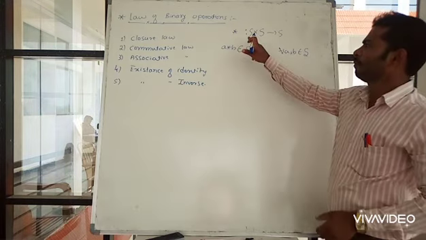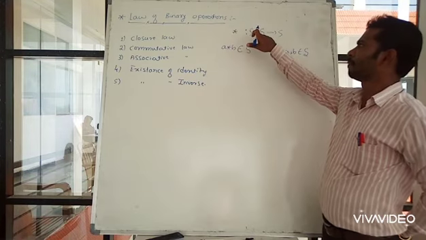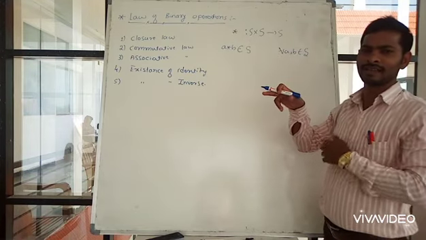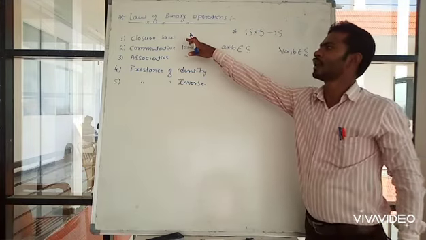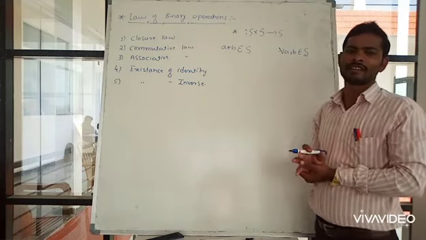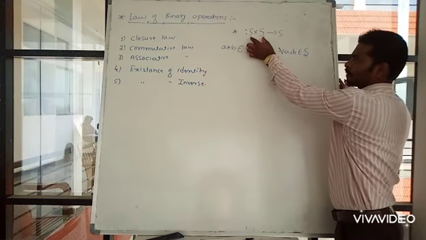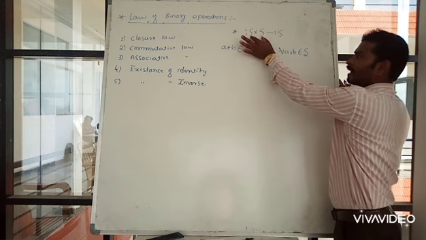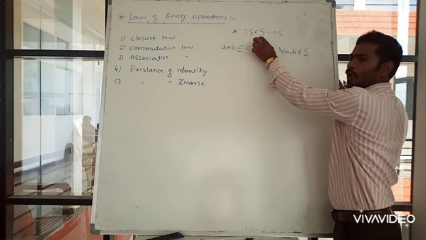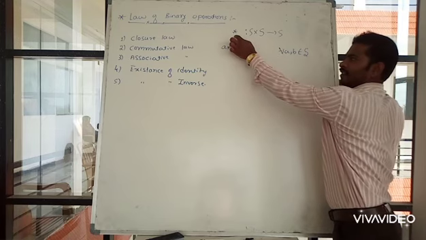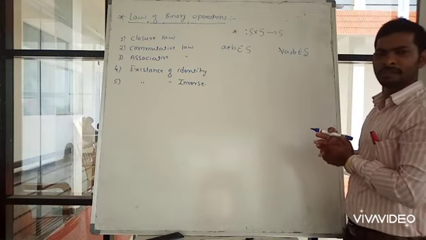From the definition itself, if star is a binary operation on the set S, you can also say that it satisfies the closure law. Binary operation means this star is a function from S cross S to S, so any arbitrary pair of elements of S cross S under this binary operation must be an element of S. This is by the definition.